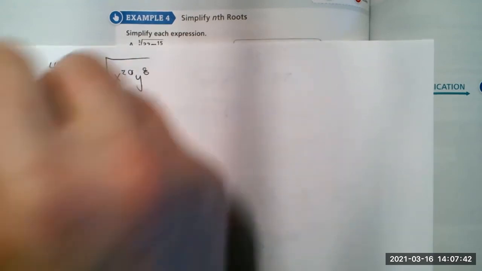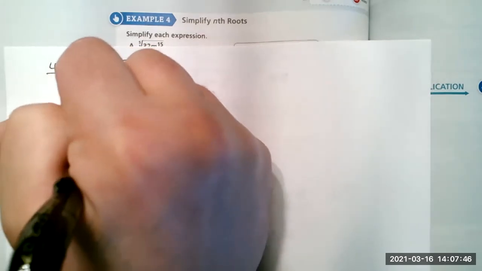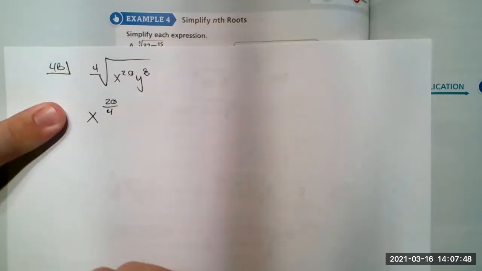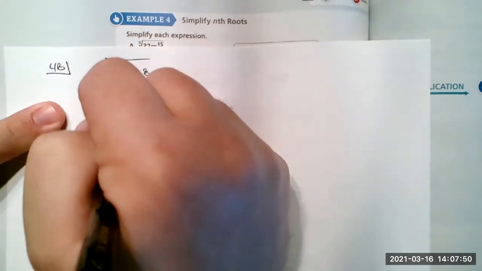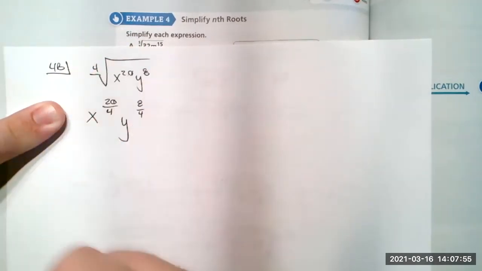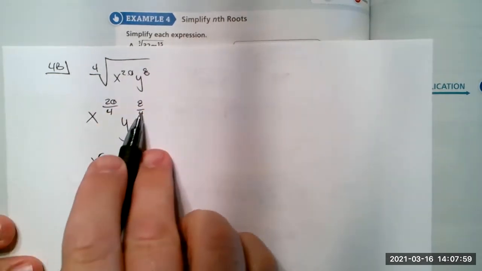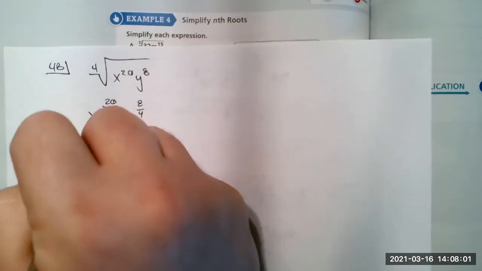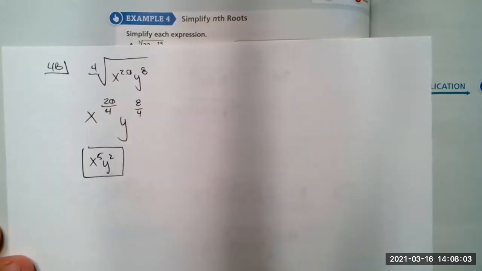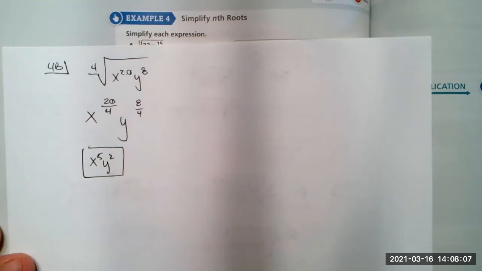So I can rewrite this as x, that exponent is 20, exponent over index, and then y, exponent over index, and then simplify it. 20 divided by 4 is 5, 8 divided by 4 is 2. So the 4th root of x to the 20th y to the 8th is x to the 5th y squared.